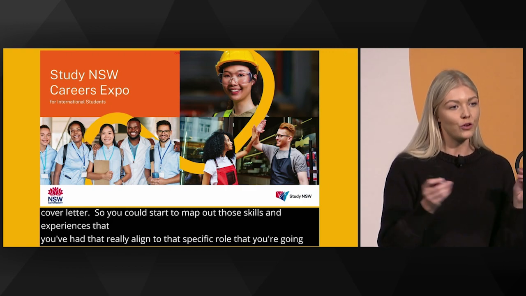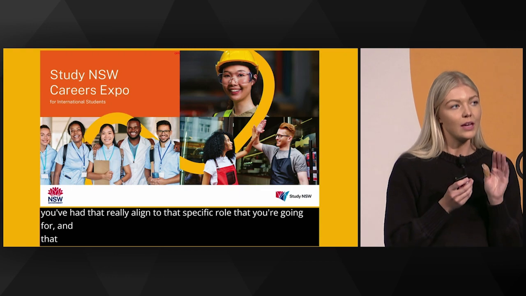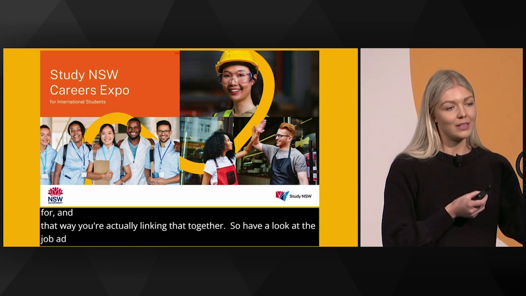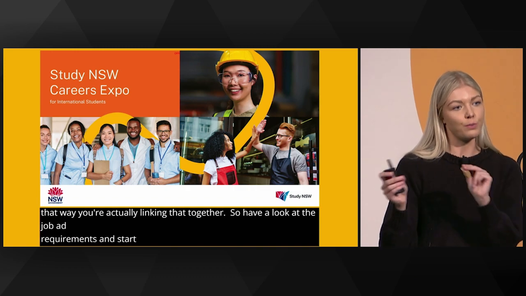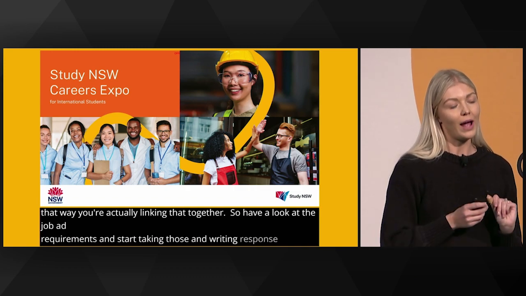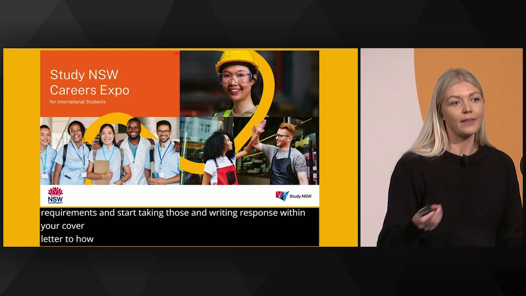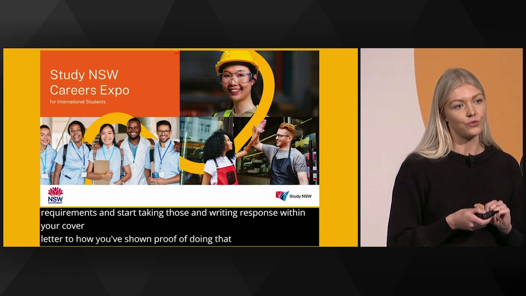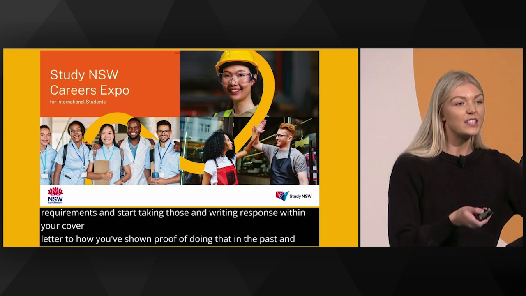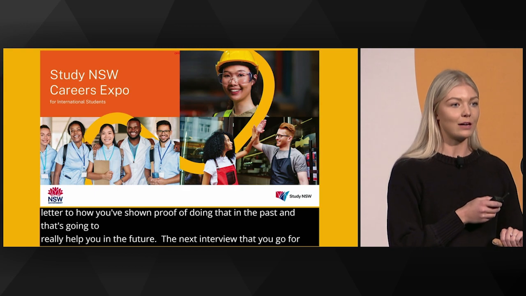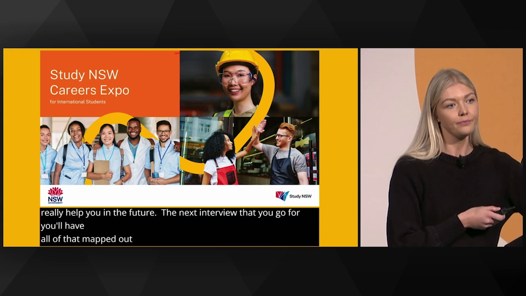And that way, you're actually linking that together. So have a look at the job ad requirements and start taking those and writing a response within your cover letter to how you've shown proof of doing that in the past. And that's going to really help you in the future. So the next interview that you go for, you'll have all of that mapped out in a cover letter and a resume already. Okay, thank you.